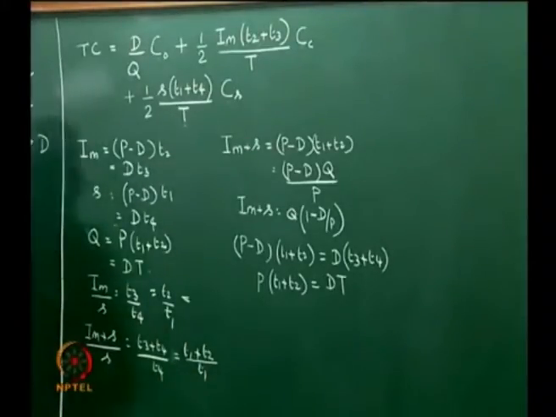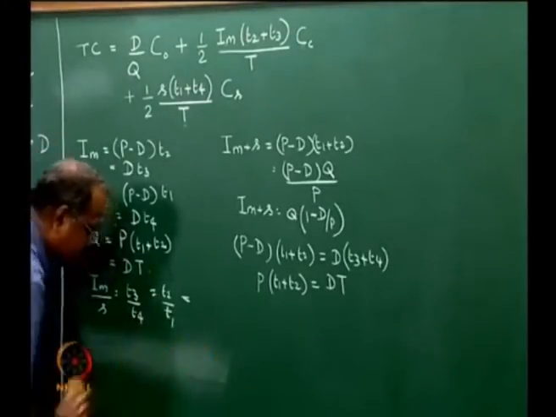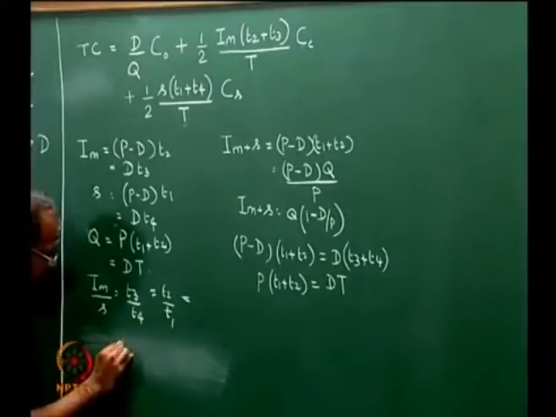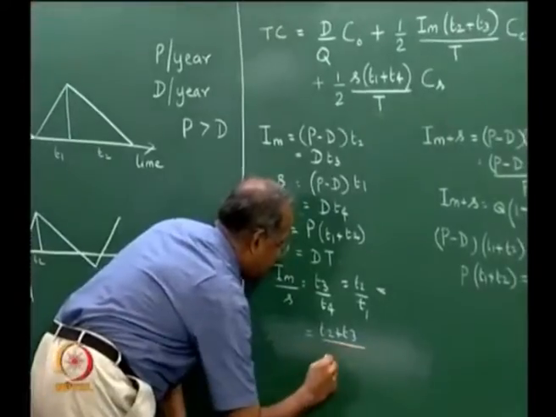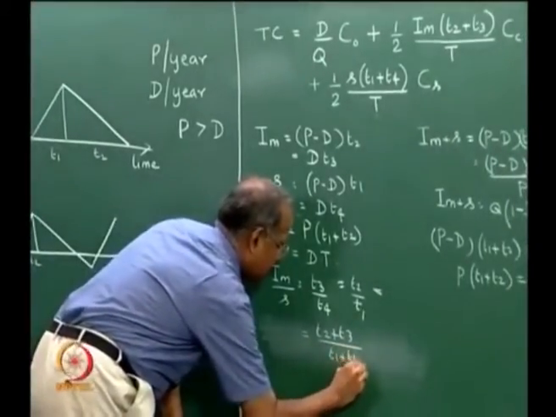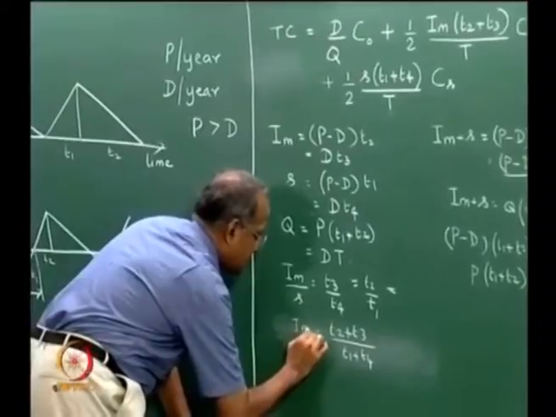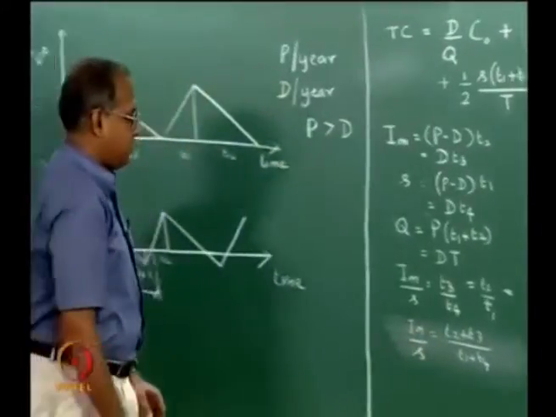This is equal to (T2 plus T3) by (T1 plus T4), which is equal to Im plus S.